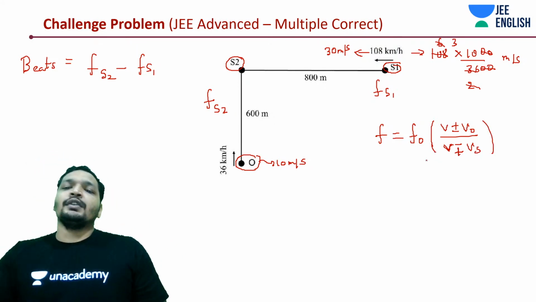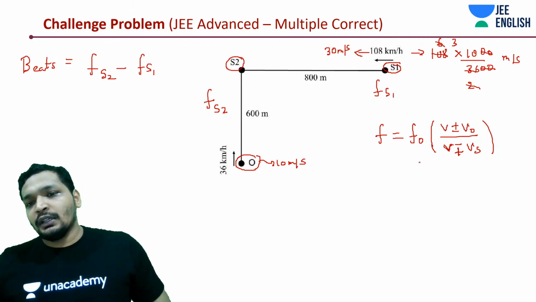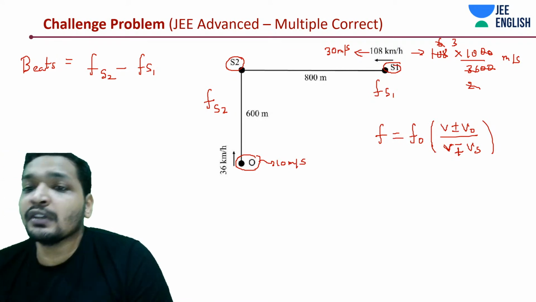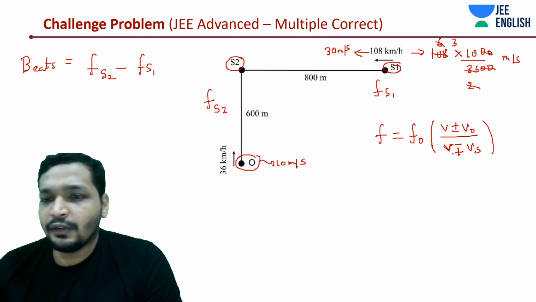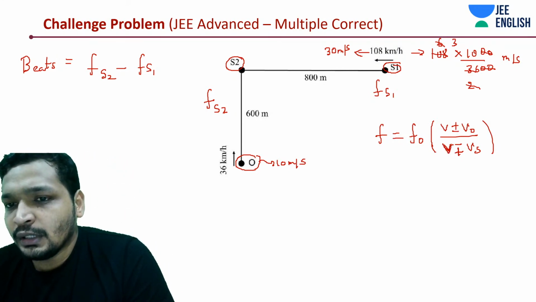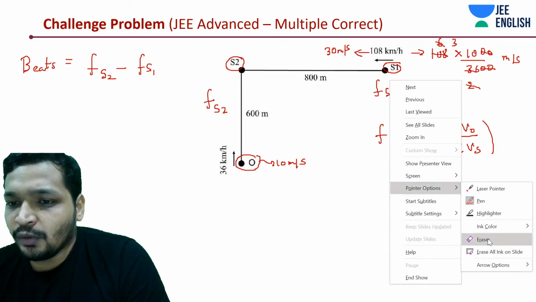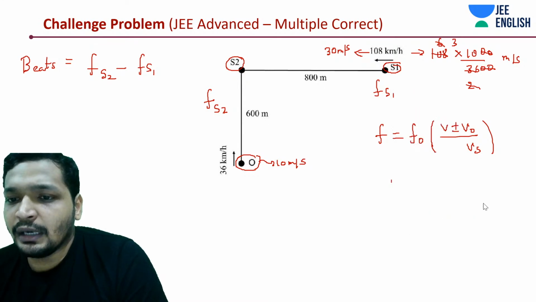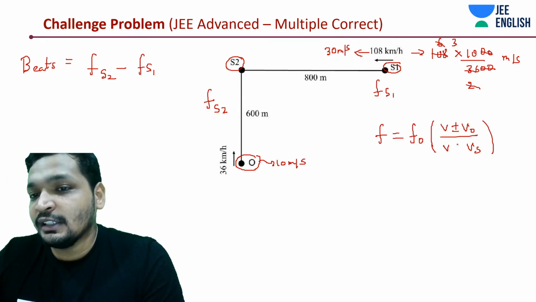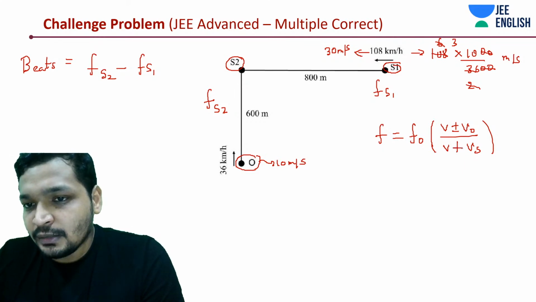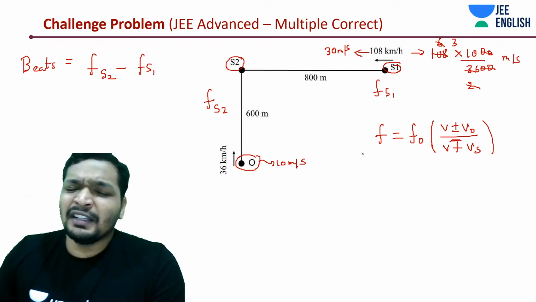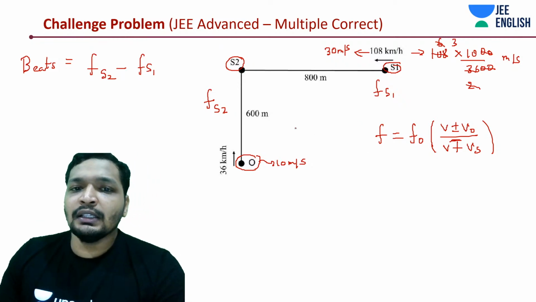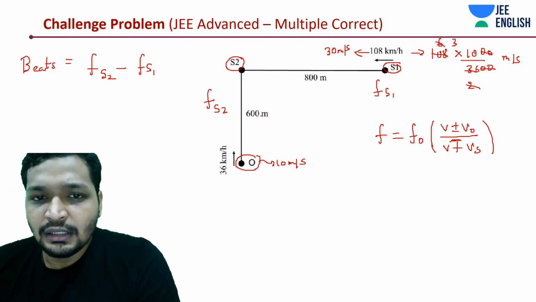If the source moves towards you, you would observe a greater frequency, and if the observer is moving towards the source, still you'd observe a greater frequency. That is the logic, guys. That's how the Doppler effect works, and that also tells you how to remember things. Plus minus plus, so the sign would be reversed.